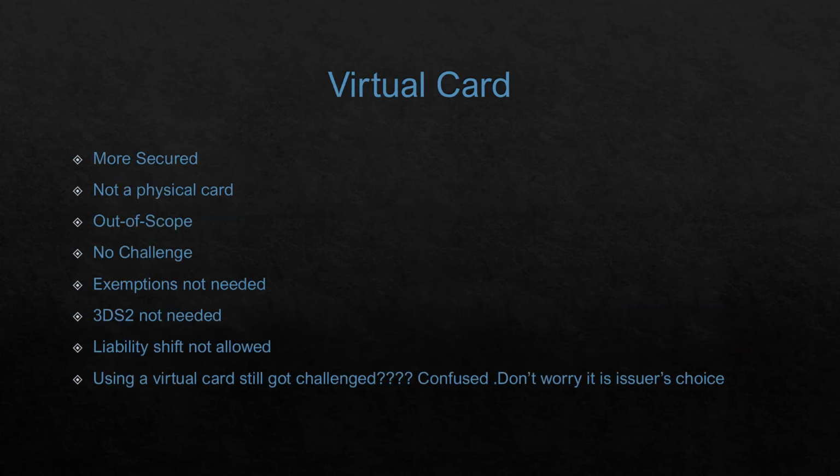Then comes the virtual card. These are considered to be more secure. Since they are not physical cards, they are virtual card numbers which look like a physical card, and merchants plus payment gateways cannot identify that it's a virtual card, not a plastic physical card.